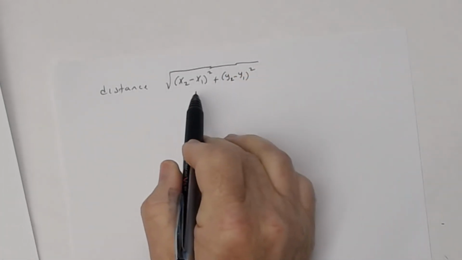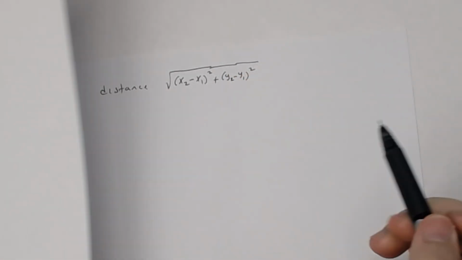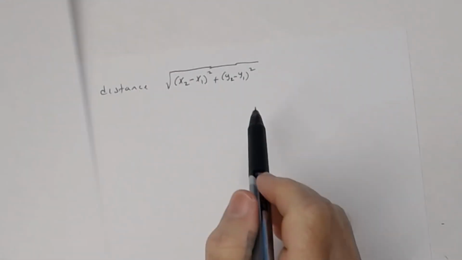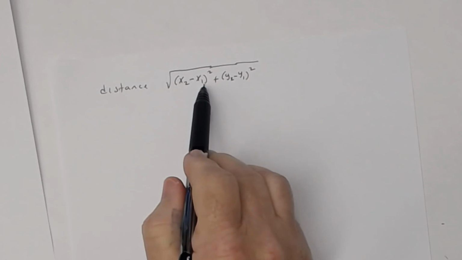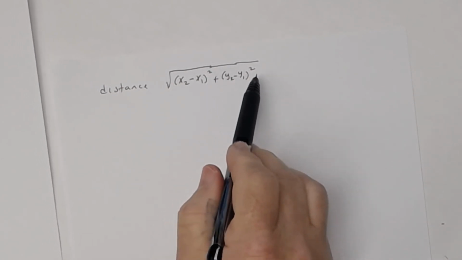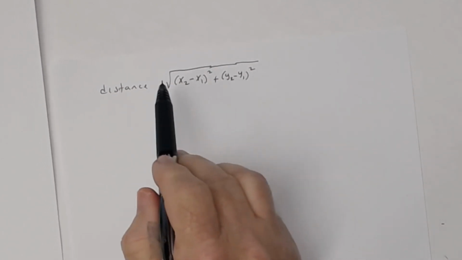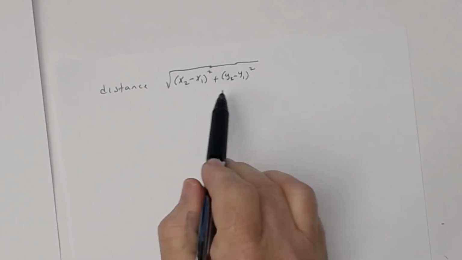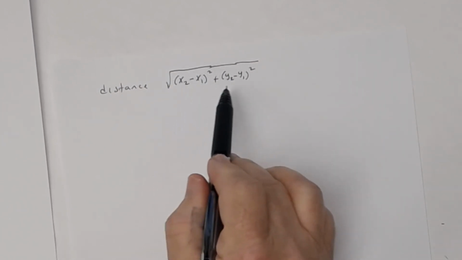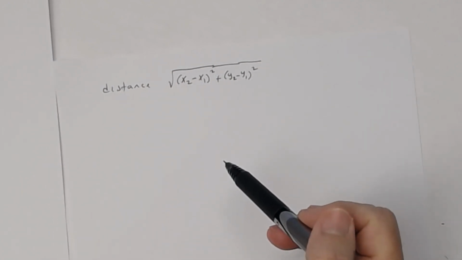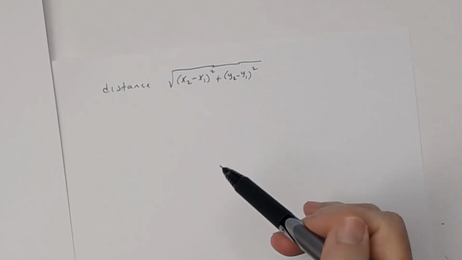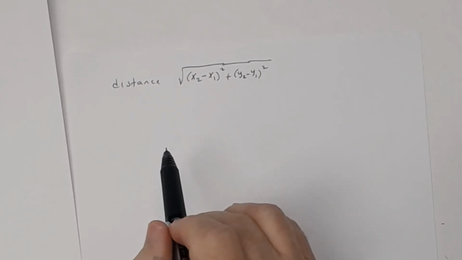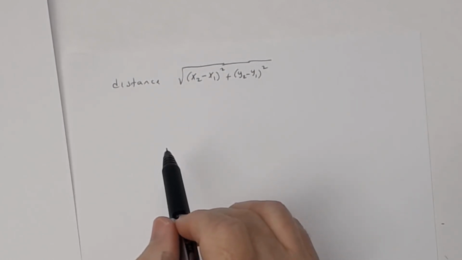So remember x2, x1, y2, y1 are the coordinates of these points. So you subtract your x coordinates, square it, subtract the y coordinates, square it, and then add them up and then take the square root. So notice in one of the lessons you saw that this formula came from using the Pythagorean theorem. So that's where that came from. But there's the formula for finding the distance between 2 points.